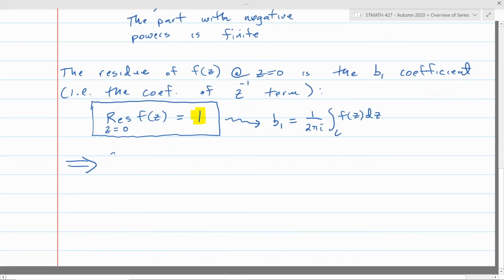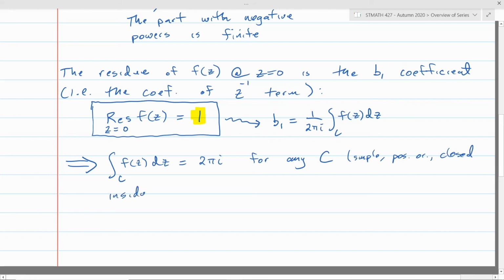So this tells us that the integral around c of f of z dz would just equal 2 pi i, for any c simple, positively oriented, closed, inside the domain where modulus of z is between 0 and 1, because that's where we got our Laurent expansion working.